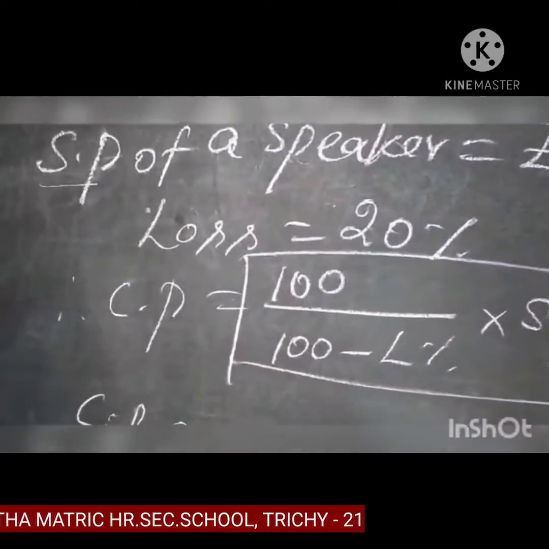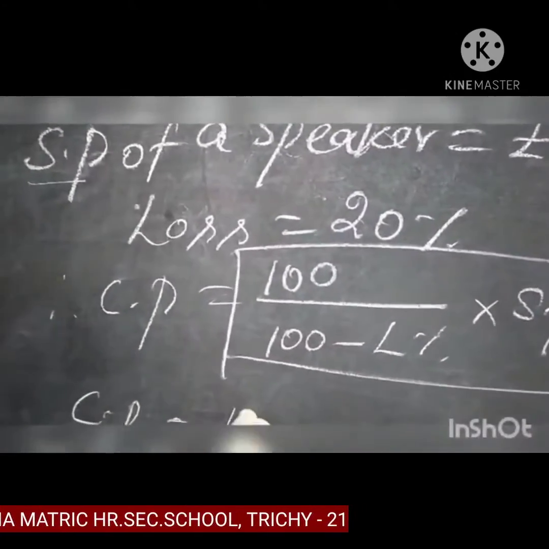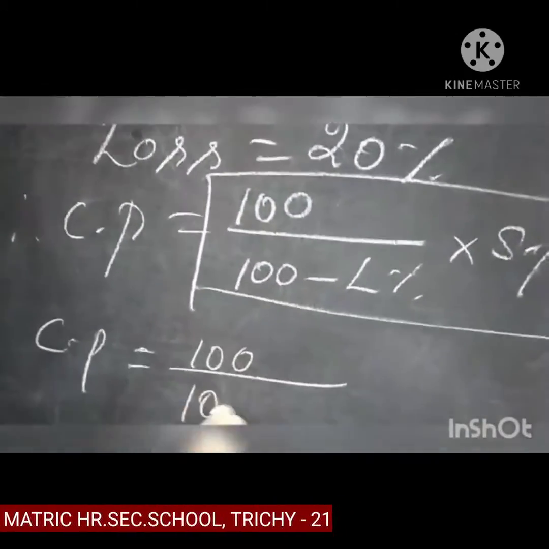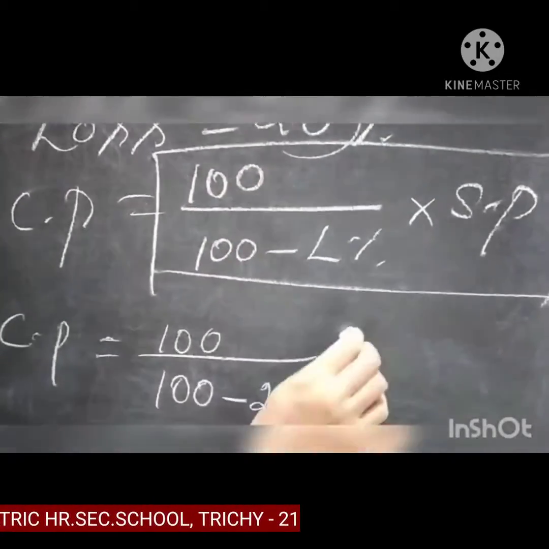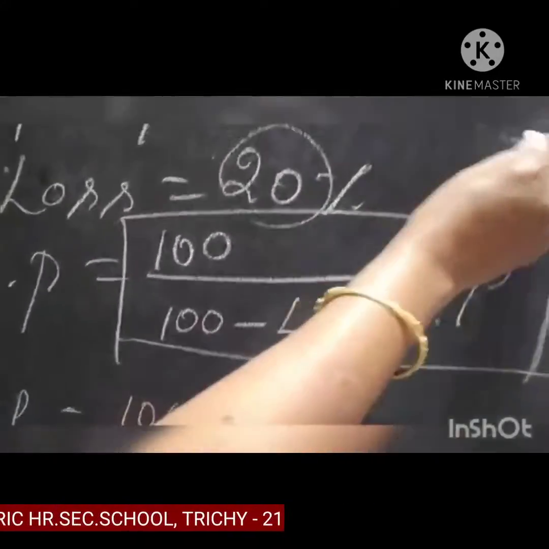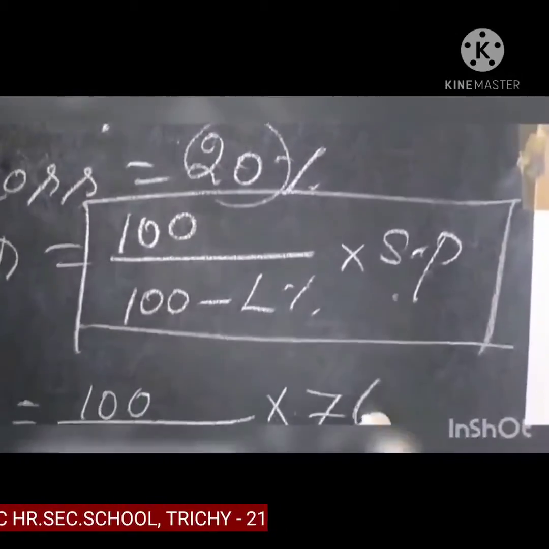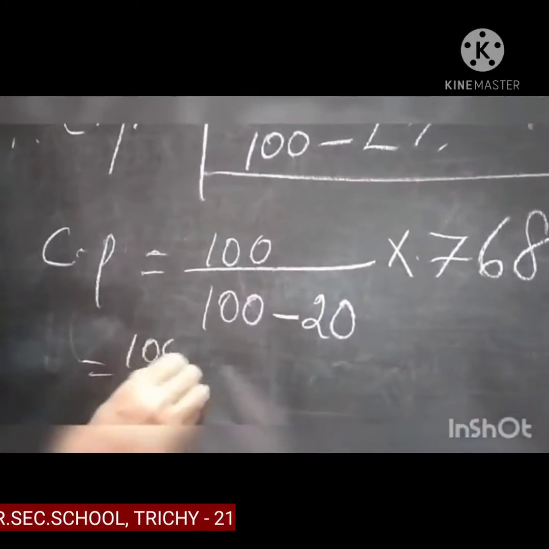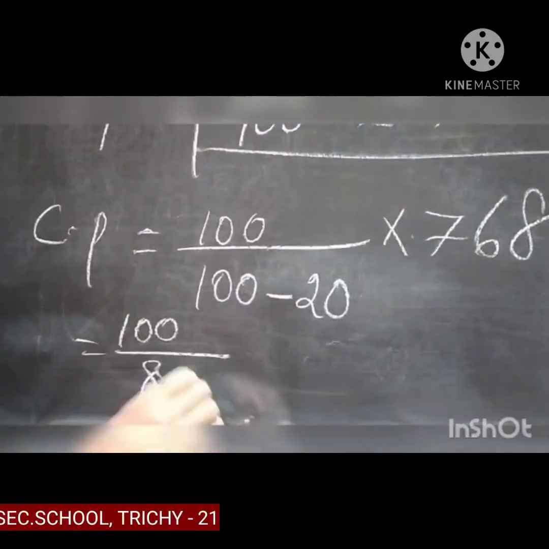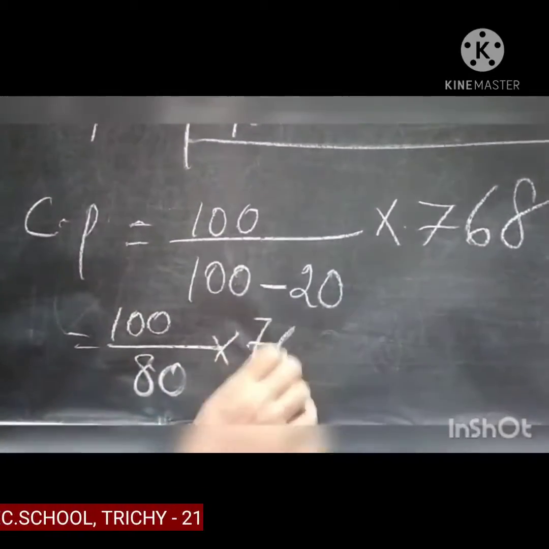So CP of the speaker equals 100 divided by 100 minus 20, the loss percentage, into SP, which is given here as 768. In the next step, 100 divided by 80 into 768.